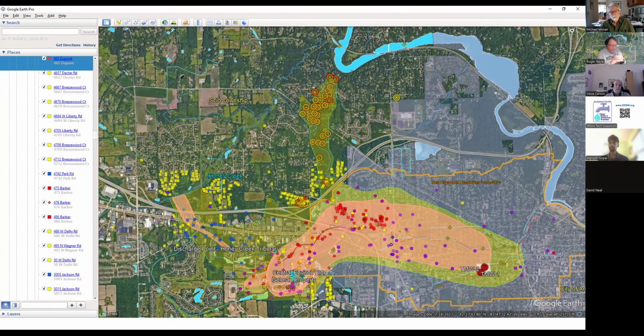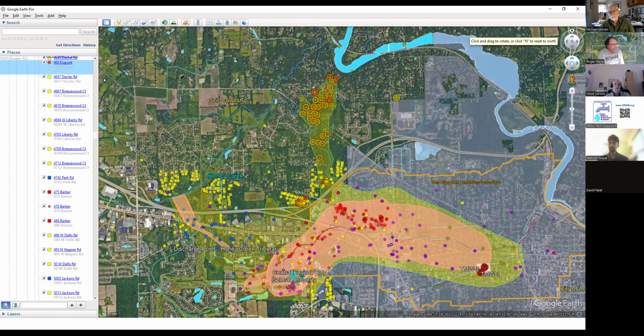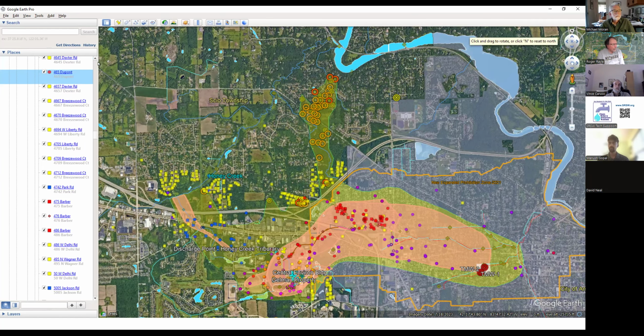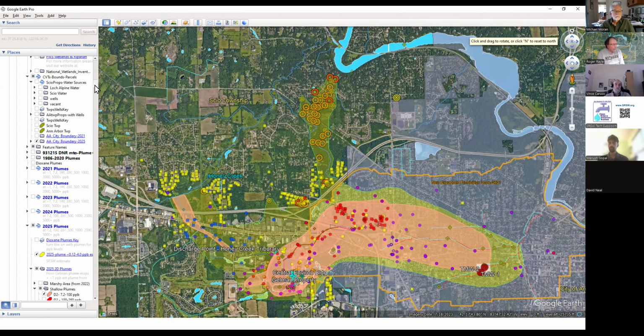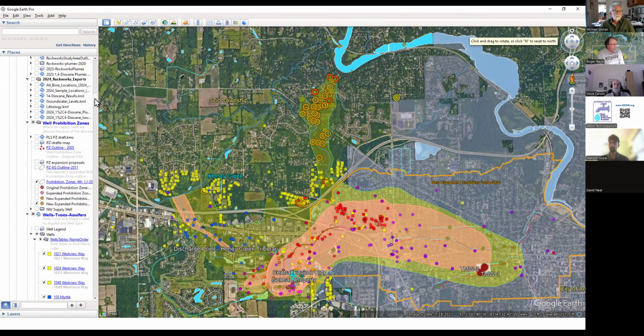And one of the comments he made, which I had not known about, is that typically you can follow the flow of some of these plumes by looking at the topography. He says you look and you see where it drops down into a depression and comes up, and it tends to follow in that lower depressed area. And I thought that was very interesting. Maybe that'd be valuable to follow that lead.